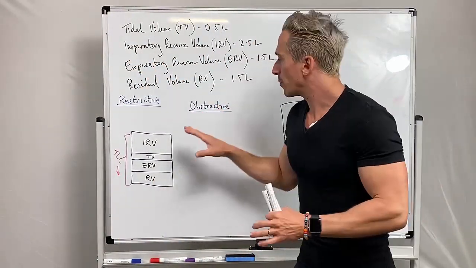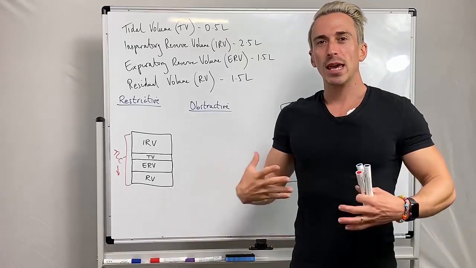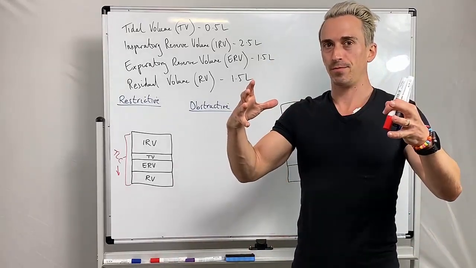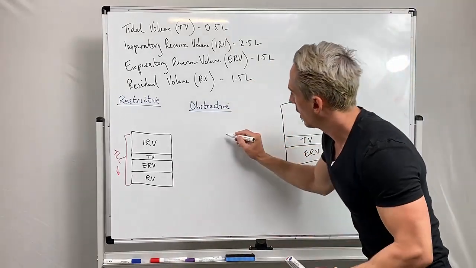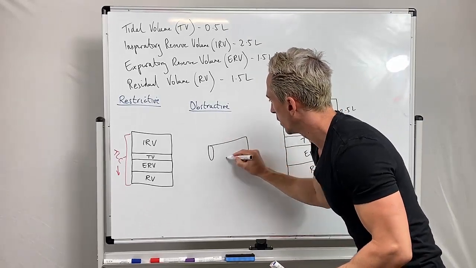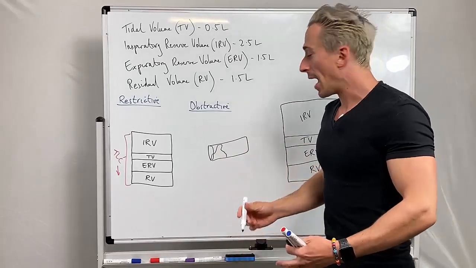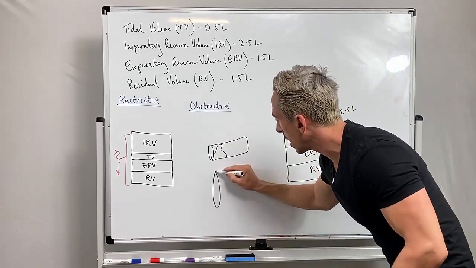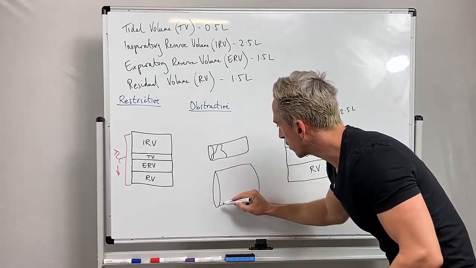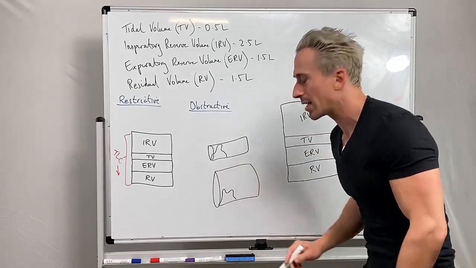In an obstructive disease, when you breathe in, everything opens up, which means if you have a hollow tube which has a mucus plug in it, for example, when you go to inhale, that hollow tube gets larger, which means that mucus plug obstructs less of it.